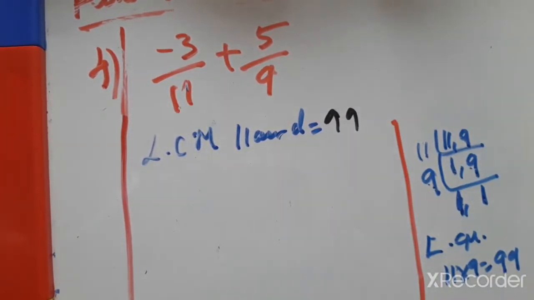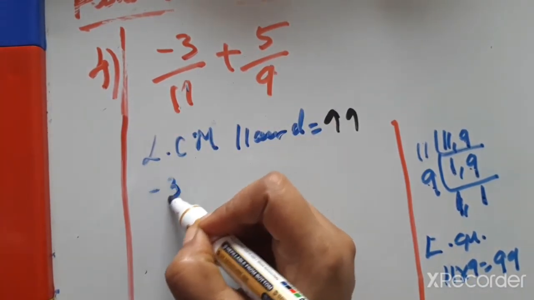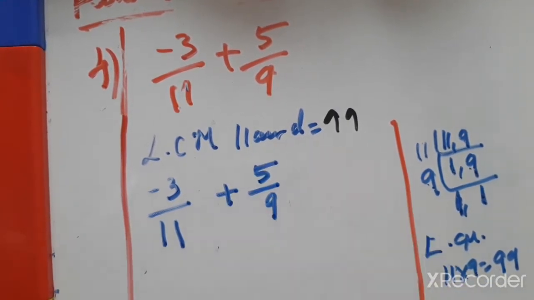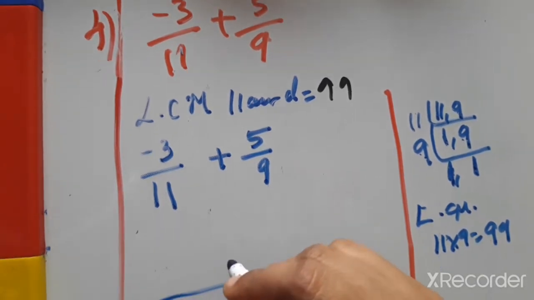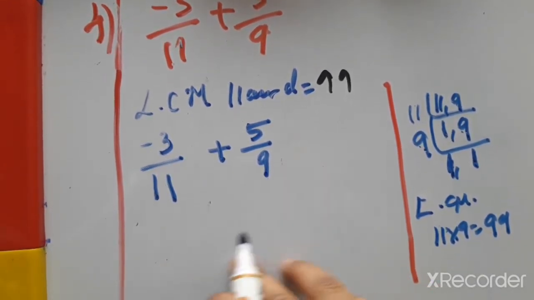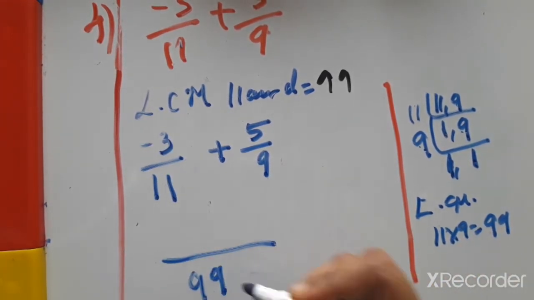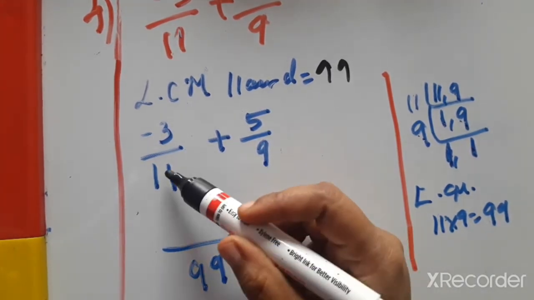After finding the LCM value 99, now write the question once again: minus 3 by 11 plus 5 by 9. Now equalize the denominator. 11 how much makes 99?